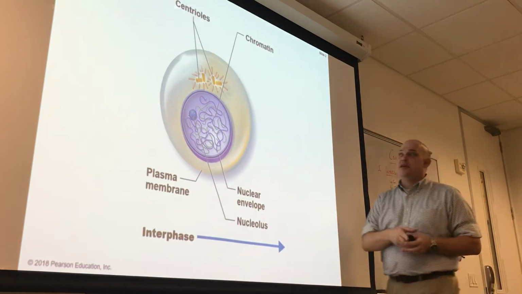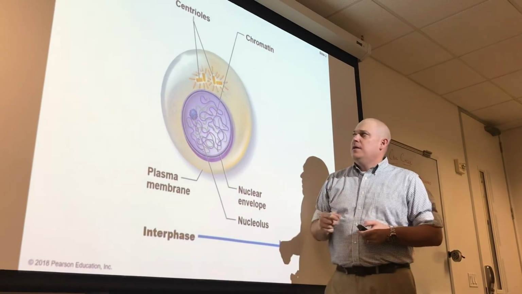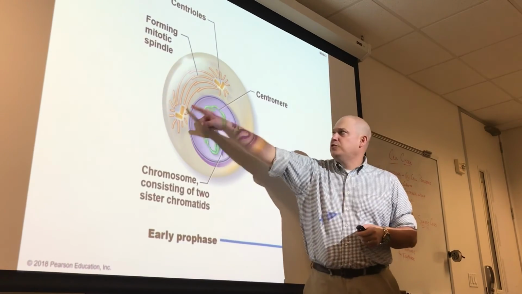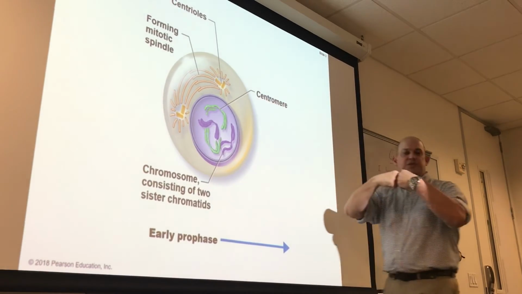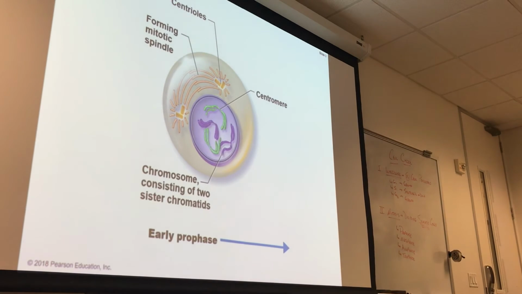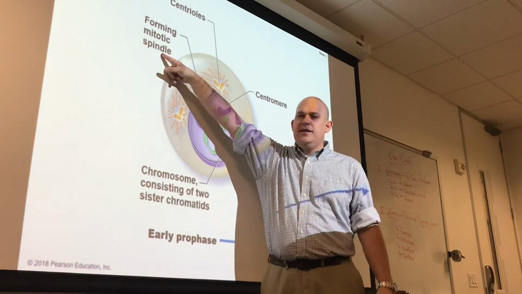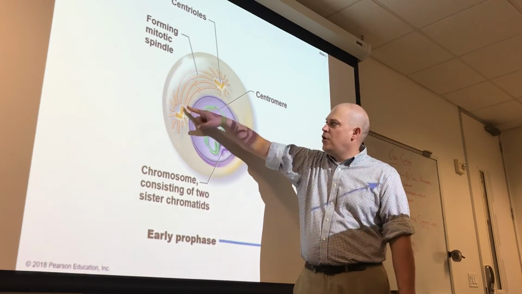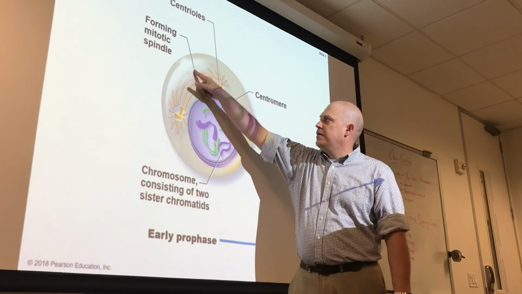If you look at interphase, they're sitting right next to one another. As we go into prophase, the centrioles start to move to opposite sides of the cell. As they do so, they create something known as a mitotic spindle, which are these long microtubules that we see here.